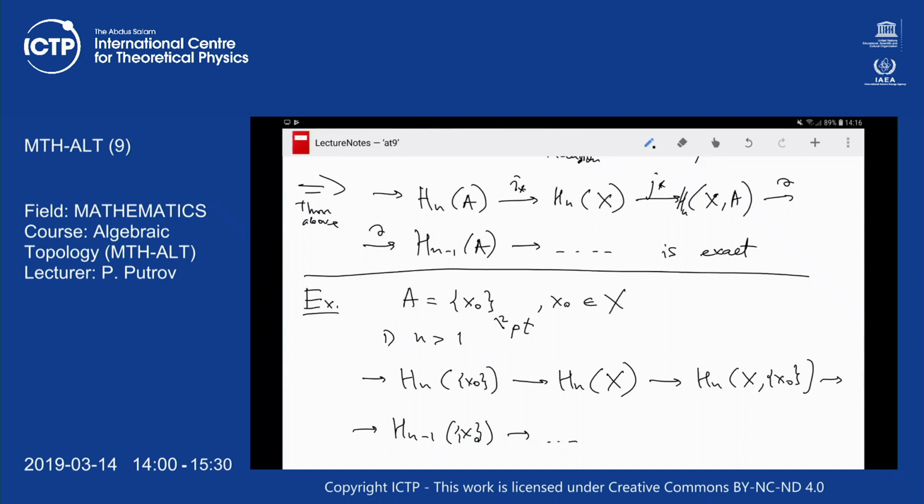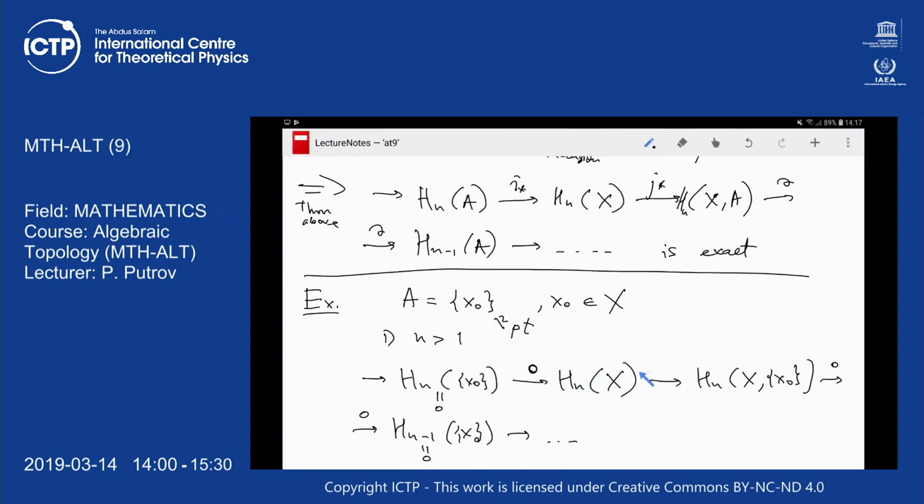We have a short exact sequence which looks like this, but we already calculated the homology of a point, so we know this is trivial for n greater than 1, and this is also trivial, and therefore this map should be trivial, and this map also should be trivial. It's a map to a trivial abelian group. From exactness it follows that this map is injective, right?